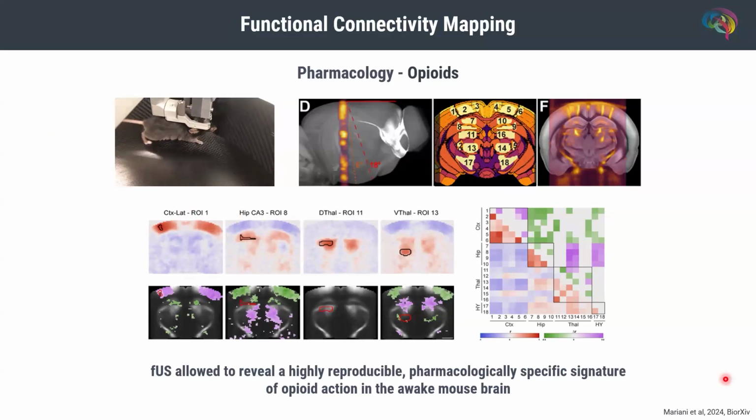And importantly, these changes were dose-dependent and correlated with the development of analgesia, the most known clinical effect of opioids. And so with this publication, the authors showed how functional ultrasound allowed them to reveal a highly reproducible and pharmacologically specific signature of opioid action in the awake mouse brain, which is something that would have been extremely hard to capture with any other imaging modality.